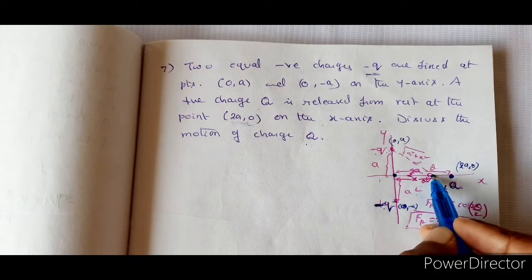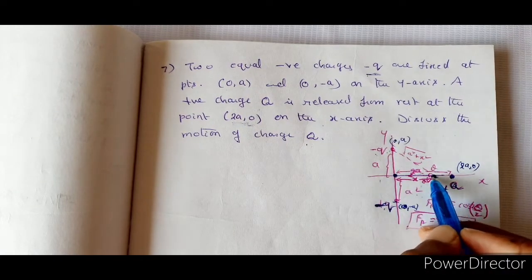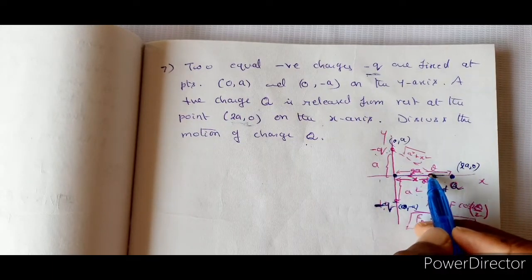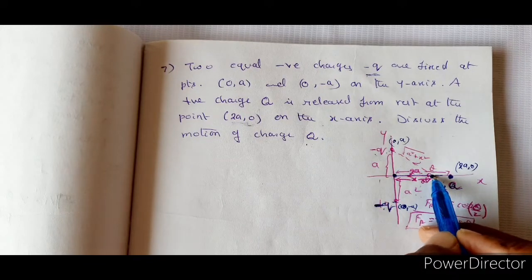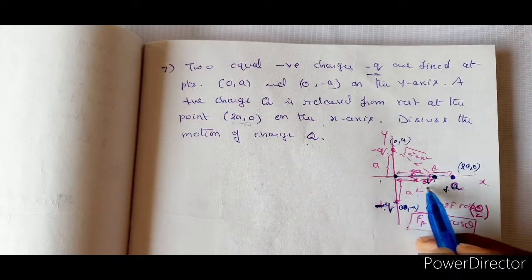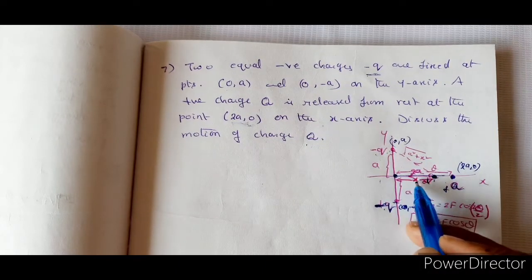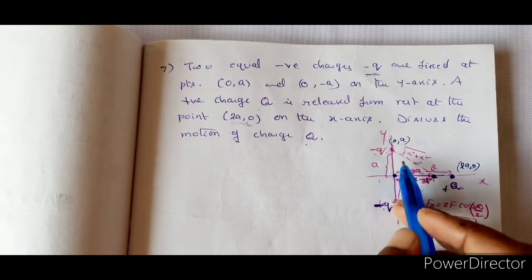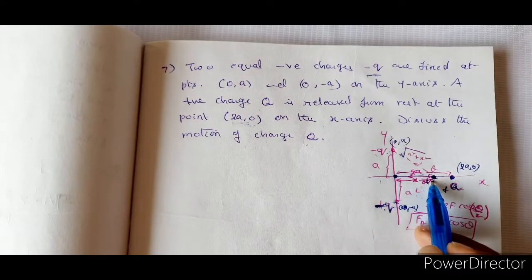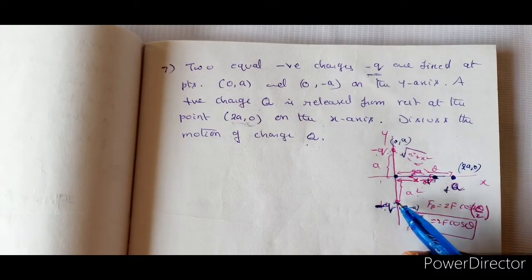Suppose the charge is here, making an angle theta with the line joining the charge minus q with the q. At this point, this will also have the same distance and the same angle. If this is at a distance of x from the origin and this is a, the distance between these 2 charges is root of a square plus x square, and the same is the distance between these 2 charges.